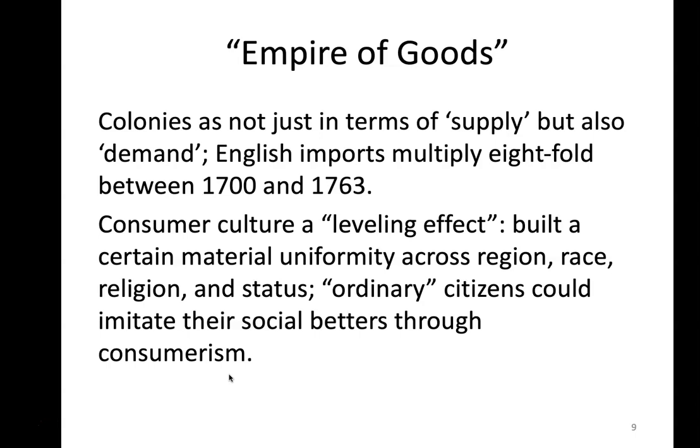And even today, like I said, a middle-class person can consume the same things. It may be harder for them. They may have to save or use credit, but they can consume the same things that their social betters can. It makes things more horizontal rather than vertical.